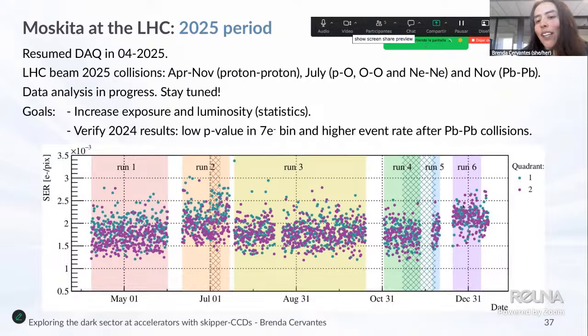The LHC turned off last December, then vacation came, so we are still analyzing the data. But that will be one of our main results and one of the most interesting things to see in this run. And why with the lead-lead? So the lead-lead are heavy ions.